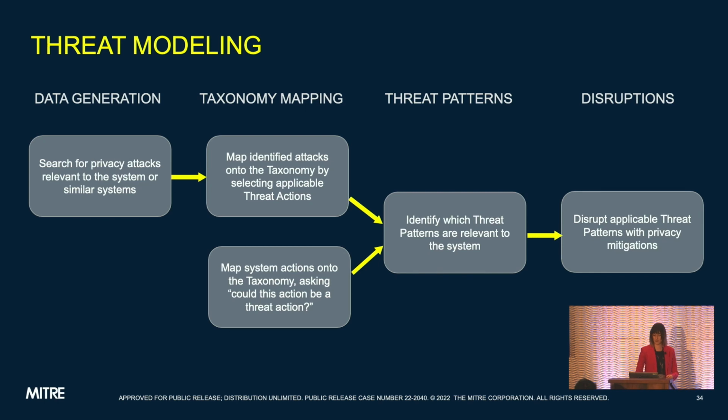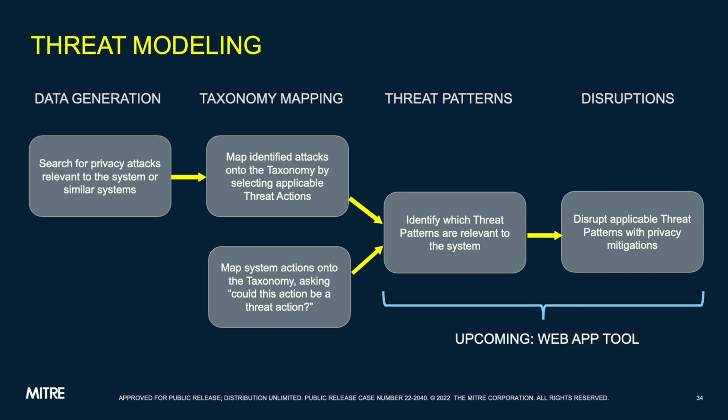Now, we plan on developing a web app tool that will help with these final steps. All a user will have to do is select the individual threat actions on the taxonomy, and it will pre-populate with the associated clusters, and each cluster will have associated mitigations. We're going to populate the web app with all of the different privacy patterns and what they look like on the taxonomy and how the taxonomy might get you to the threat patterns, as well as, of course, a whole wiki of all of the definitions of everything in the taxonomy.